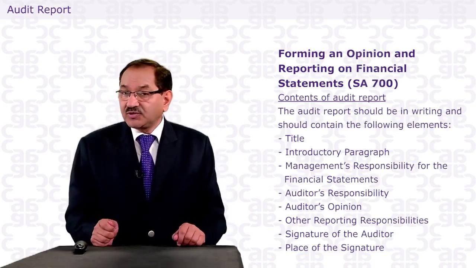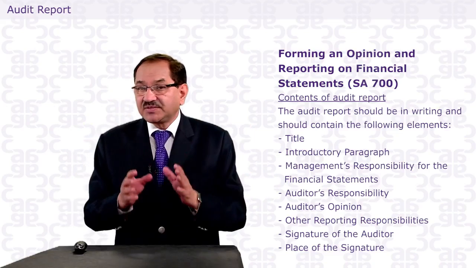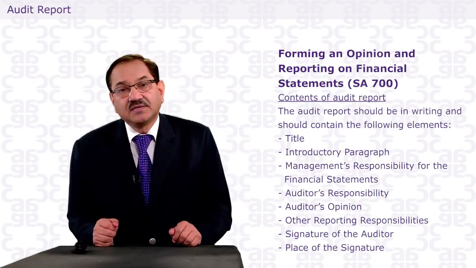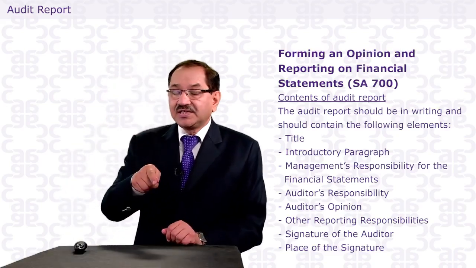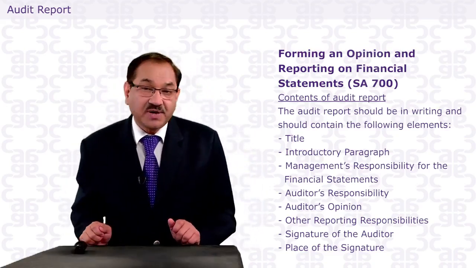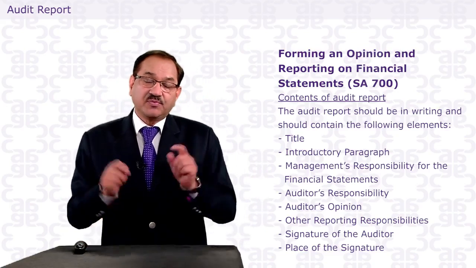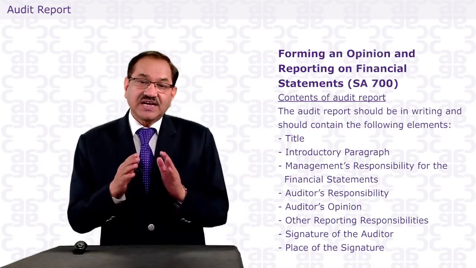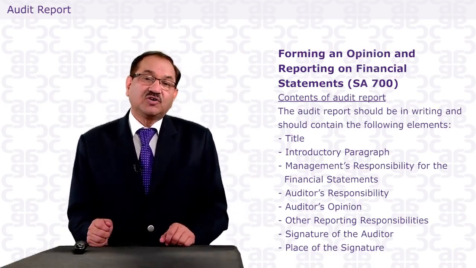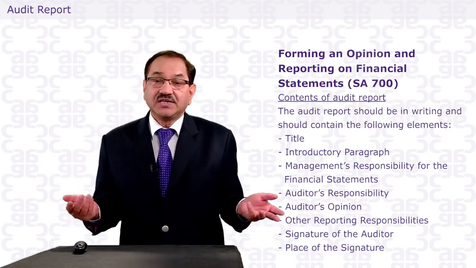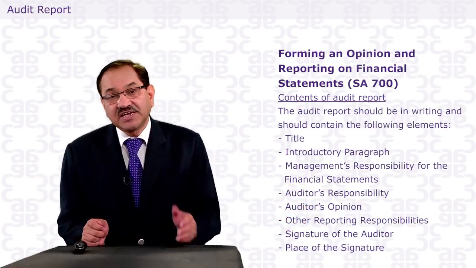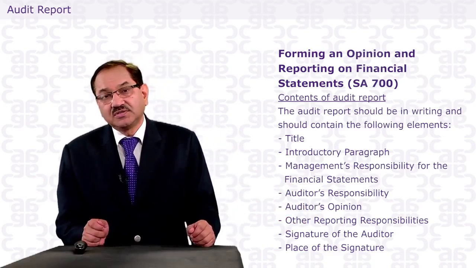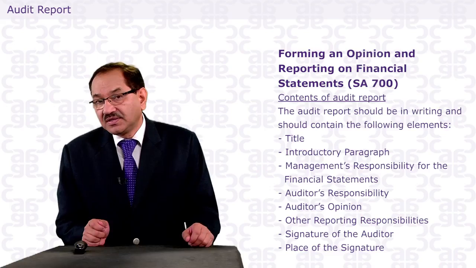And dear student, you must have observed that whenever the auditor signs the report, he signs on the same date when the board of directors has passed those accounts, when they are approved. As soon as they are approved in the board meeting, because the auditor has already conducted an audit, he signs on the same date the management signs those financial statements.